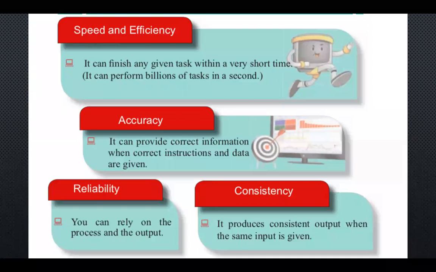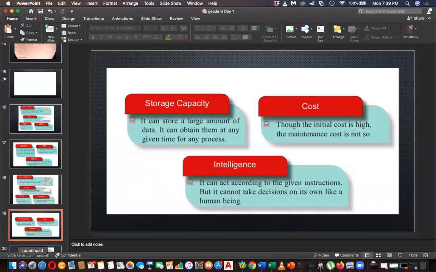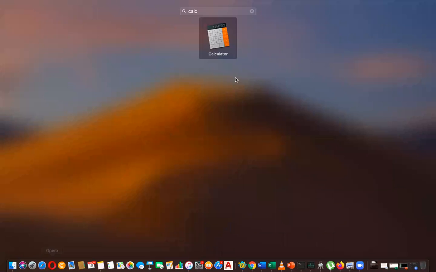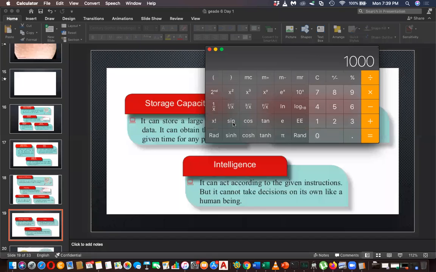Okay, reliability. For example, let's say I do a small calculation. I'll show this practically. I'm going to use a calculator and calculate 1000 into 1000 into 1000 into 1000.